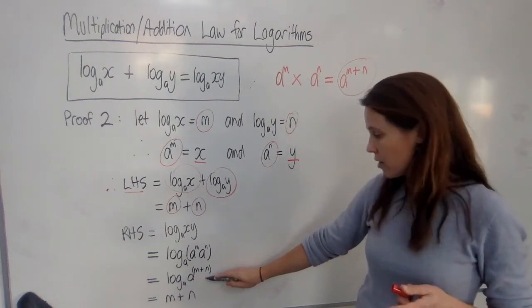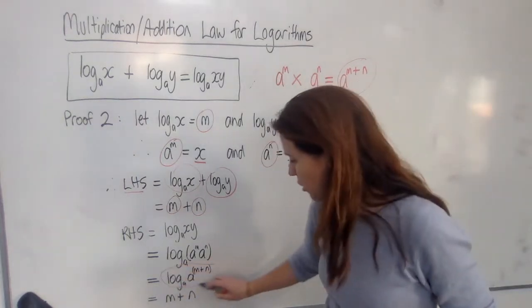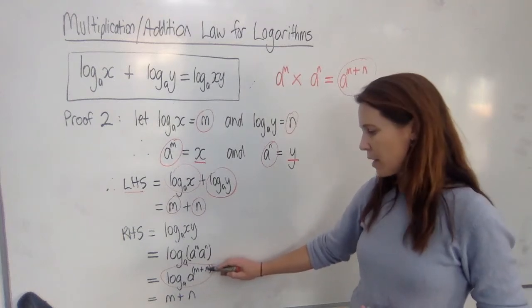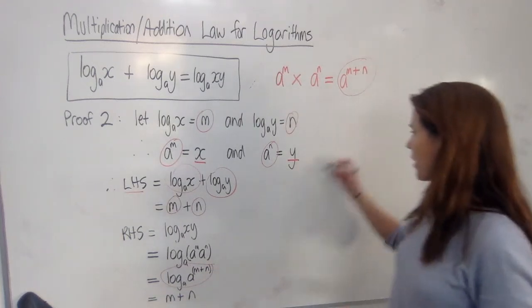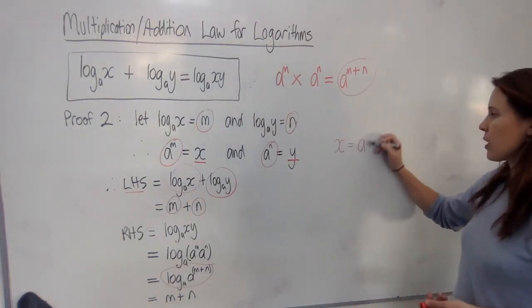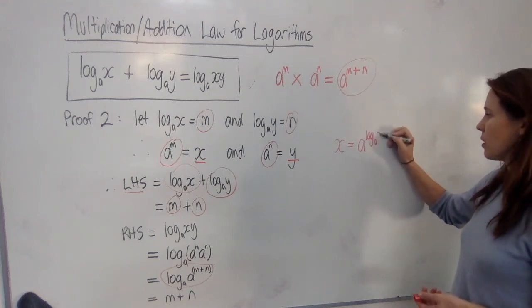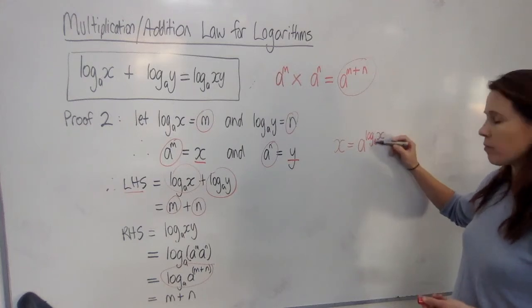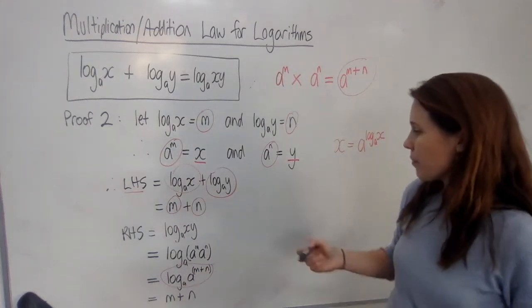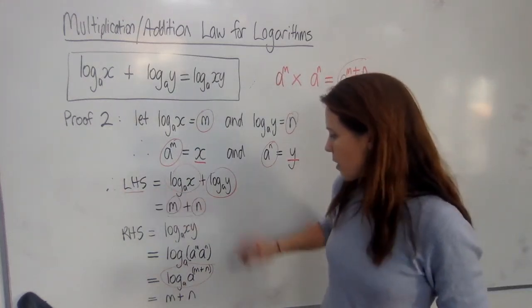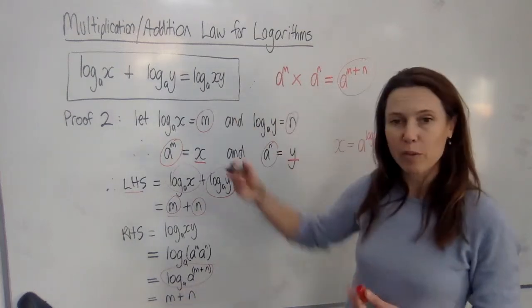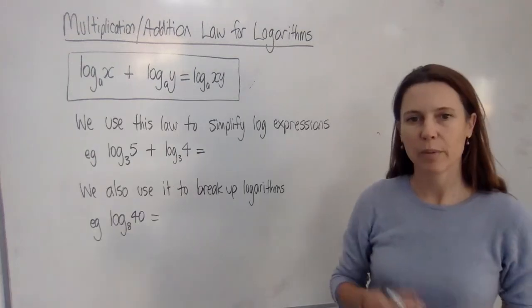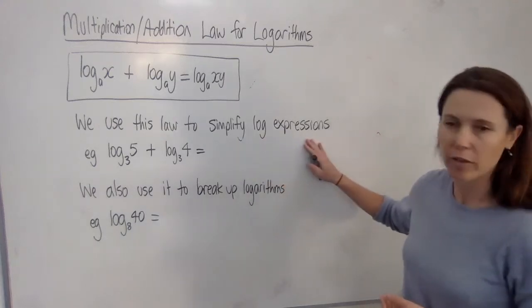We also know that this entire expression here comes out as just m plus n, okay? And that's because of that law that we already know, which says we can rewrite any number like this, just by using something raised to the powers and the logs cancel each other out. So if the left-hand side equals m plus n and the right-hand side equals m plus n, then we've proved that it works out.